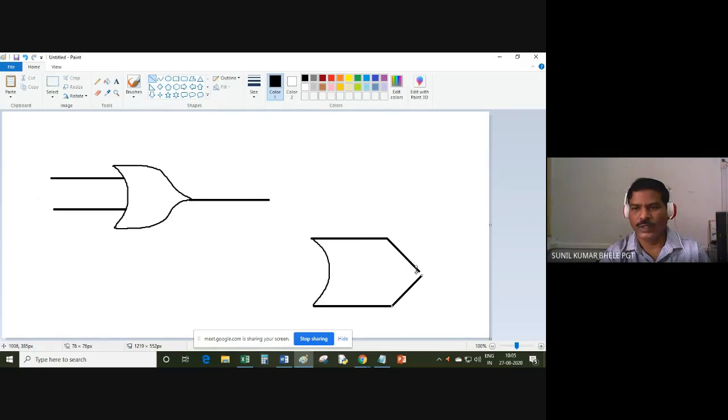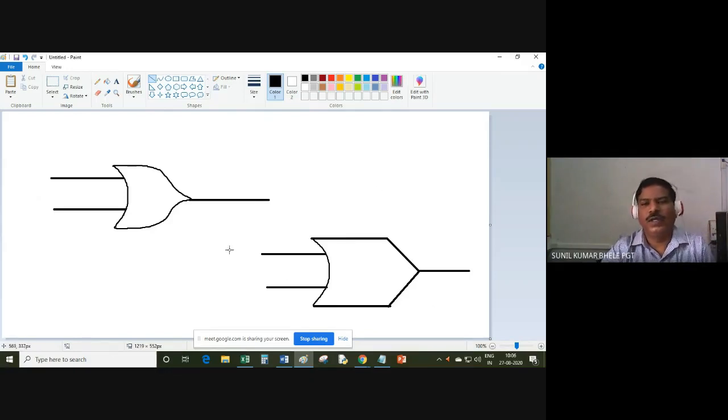Whatever you prefer. You can draw like this also. Which is suitable to you, you can draw like that. Whatever design you like, you can draw. This is the symbol of OR gate.